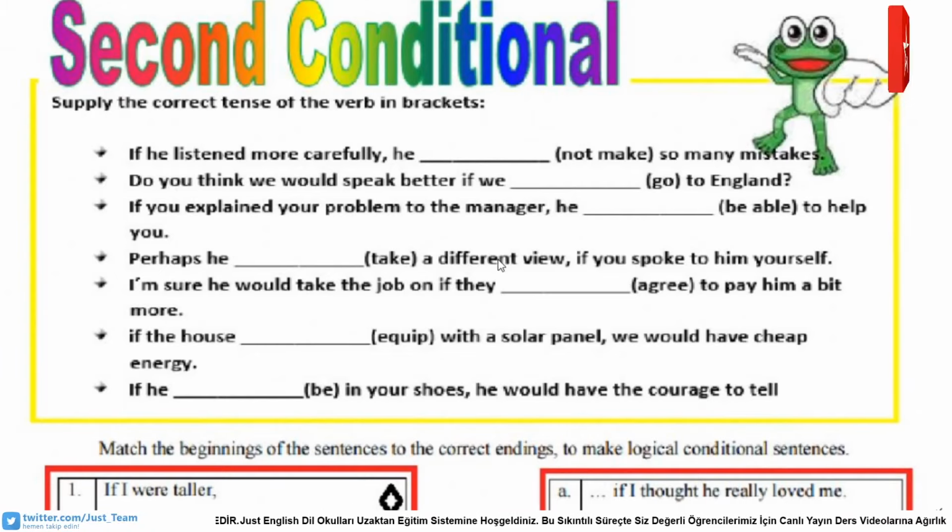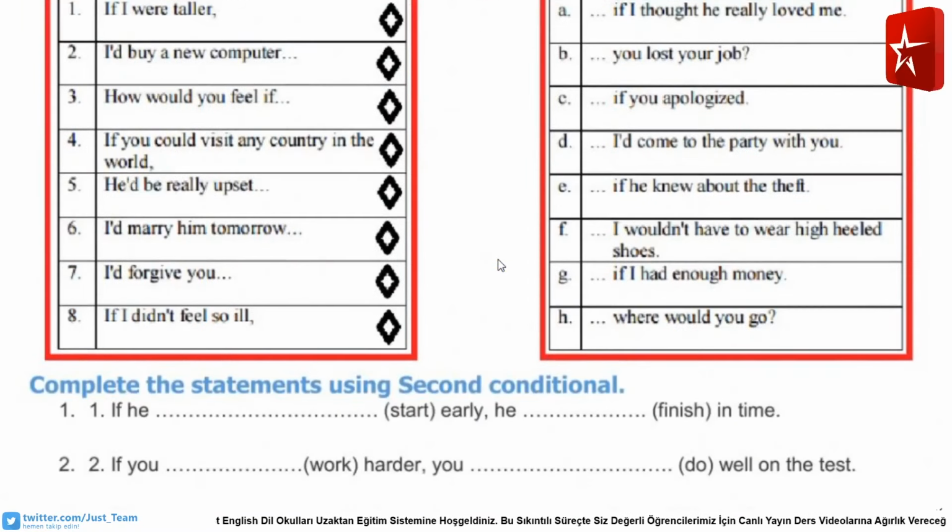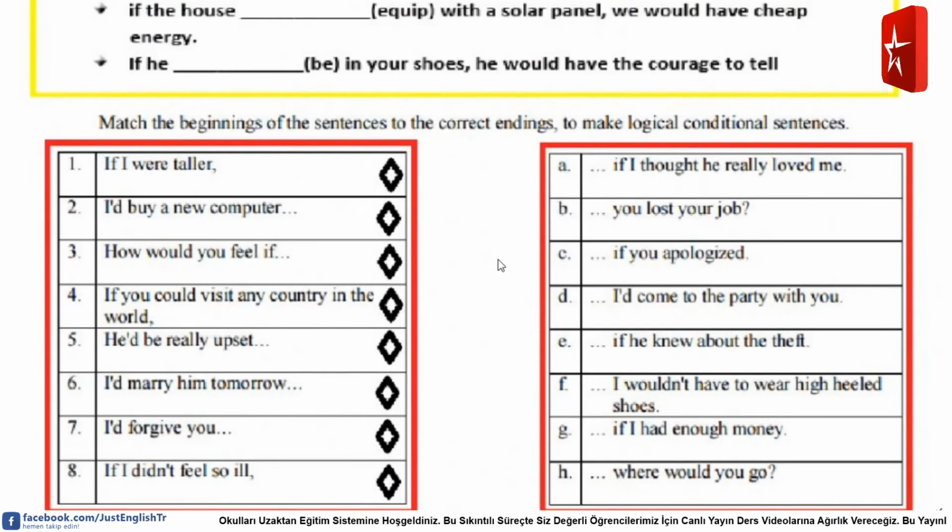All right, let's continue with this part, and we should choose the correct letters for these sentences from 1 to 8. We should actually match the numbers to the letters. If I were taller, yeah, short ones tell these kinds of sentences.